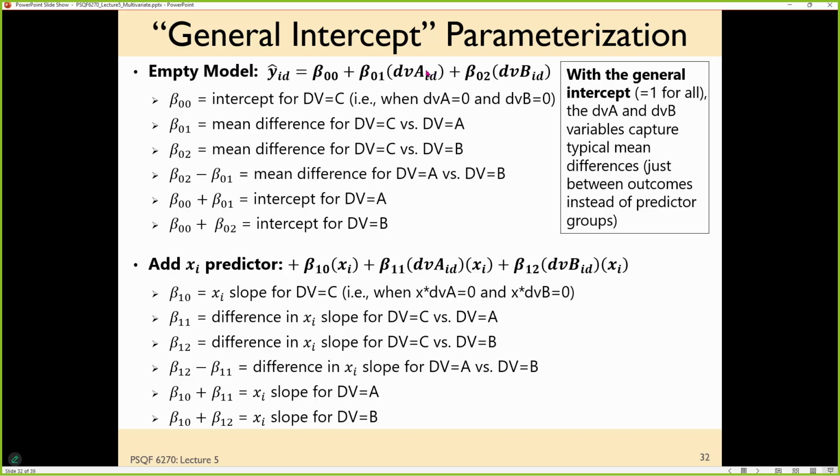But you kind of don't. What you have created here is 3 different means, one for each outcome. So from that perspective, you haven't predicted each outcome, you've just said which is which, allowing them to have different means as a starting point. Now we would have one predictor, but one for each outcome, allowing it to have a different effect on A than C and on B than C.